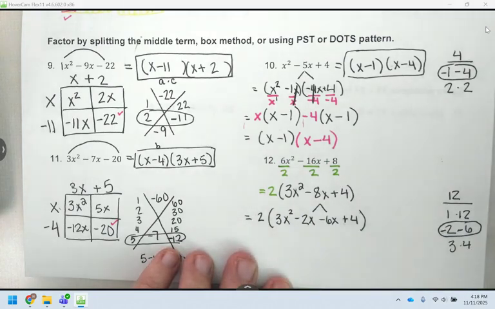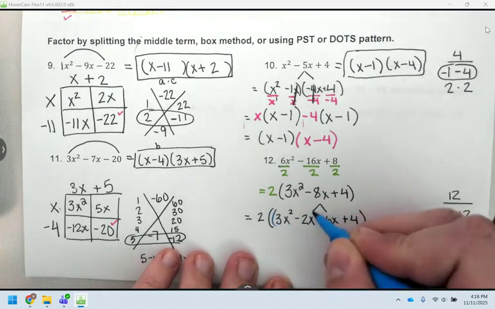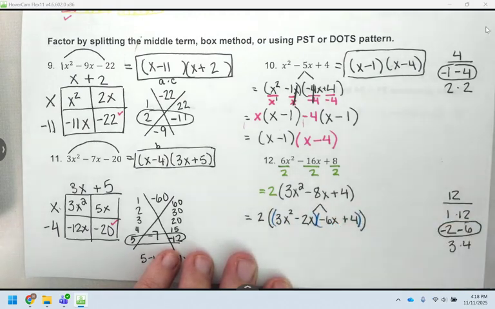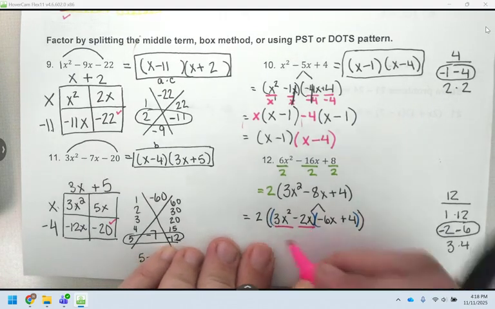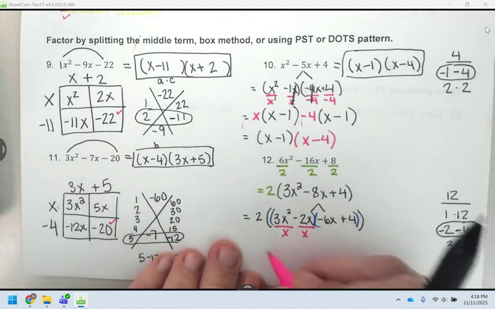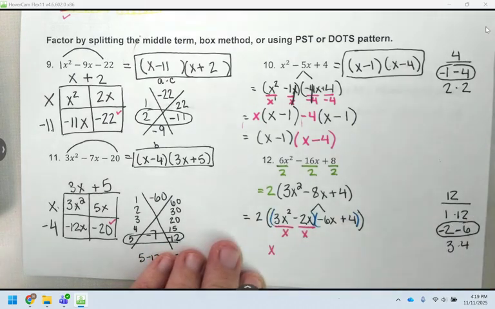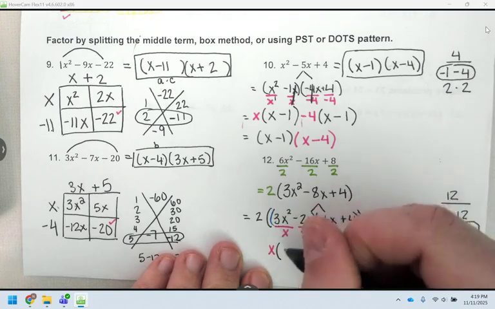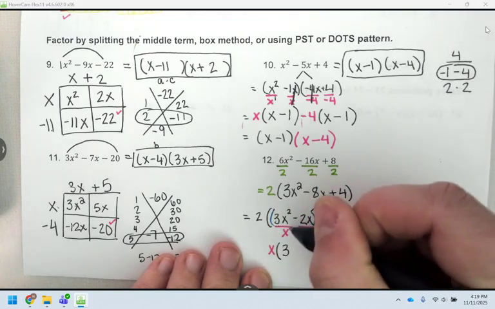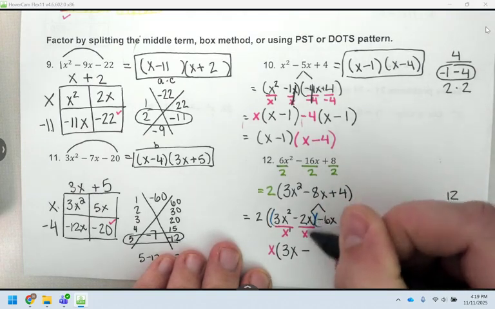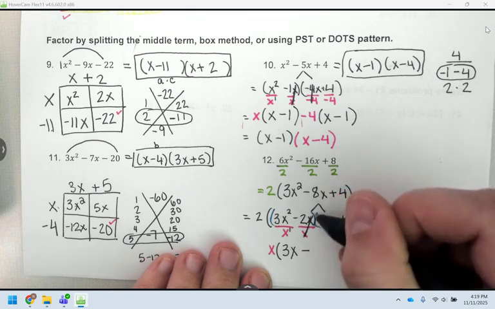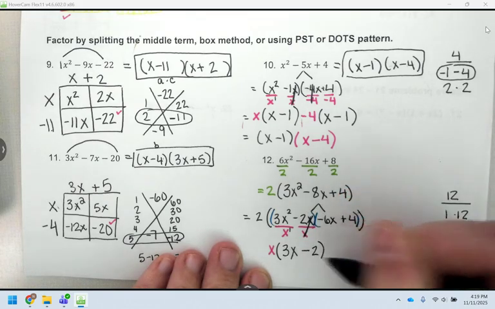All right, we are now going to factor by grouping. Let's see, what's in common between these two? Just an x. So if we were to pull out an x, we would be left with 3x squared divided by x to the first, minus x divided by itself is 1, so minus 2.